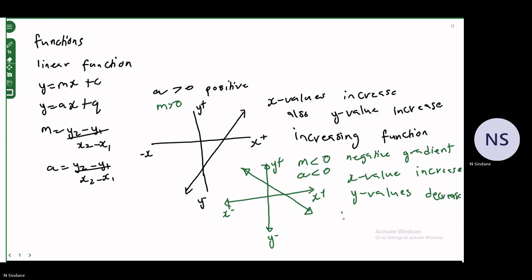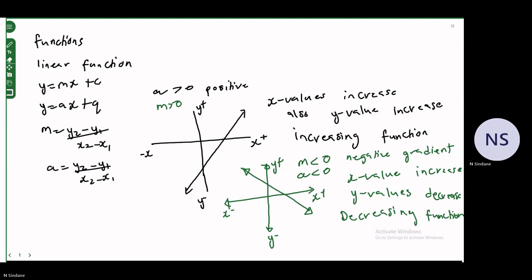Therefore, this graph is called a decreasing function.